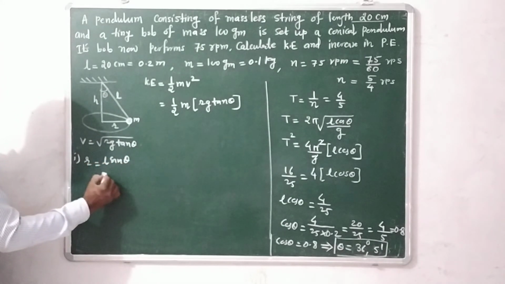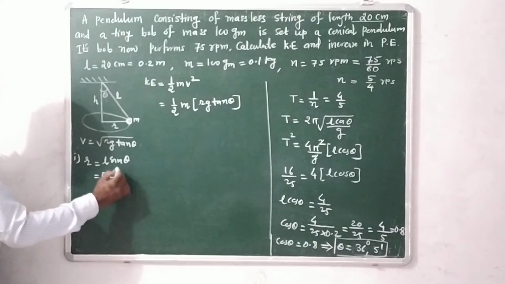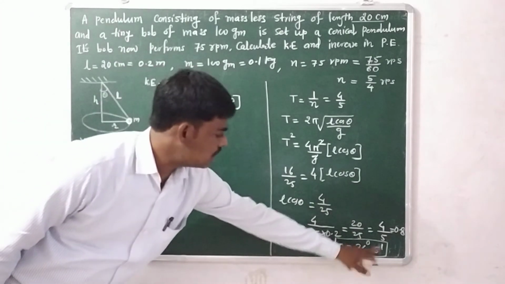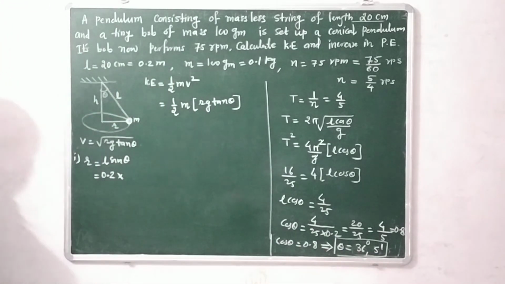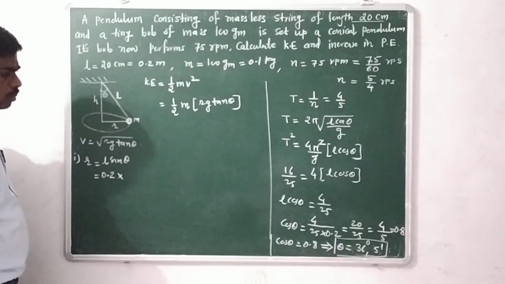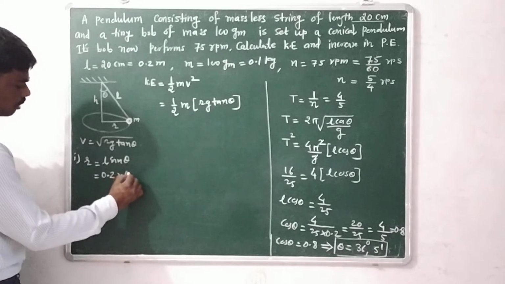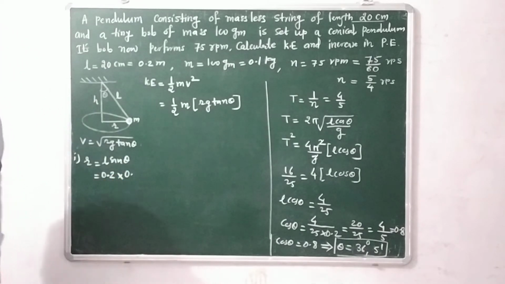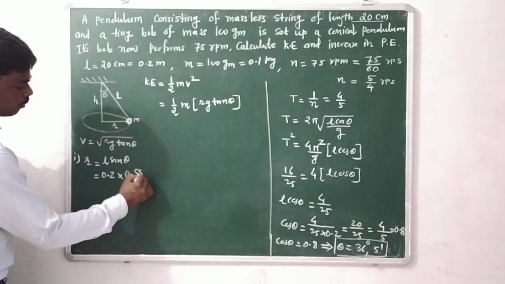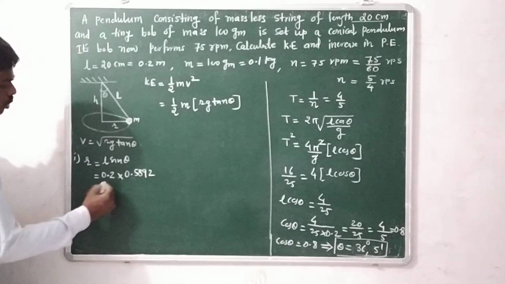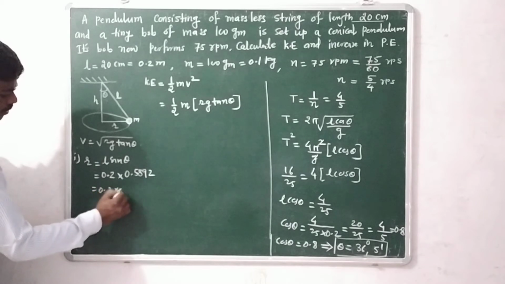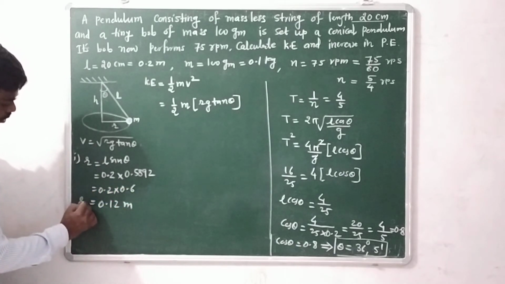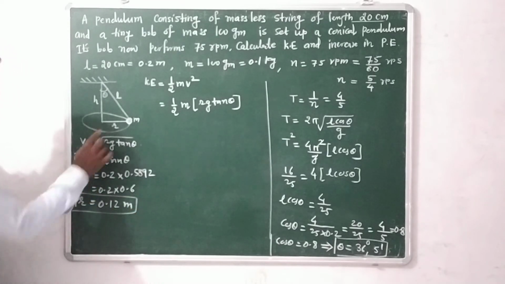L is 0.2 and sine of 36 degree 5 minute is near about 0.5892, that is near about 0.6. So it becomes 0.12 meter. So we obtain the radius.